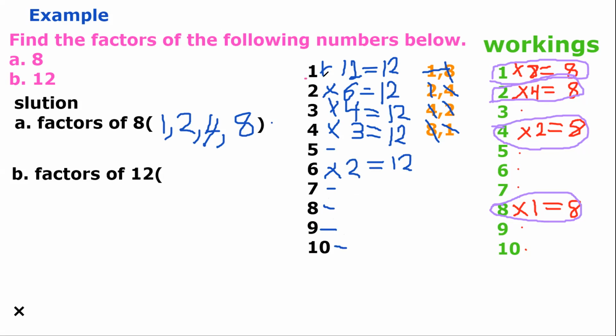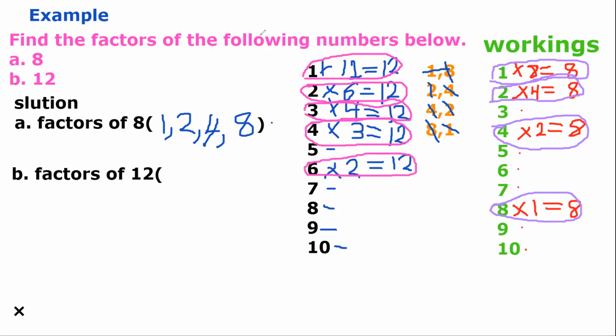Okay, 1 times 12, 2 times 6, 3 times 4 also gives us 12, 4 times 3 also gives us 12, then 6 times 2 also gives us 12.